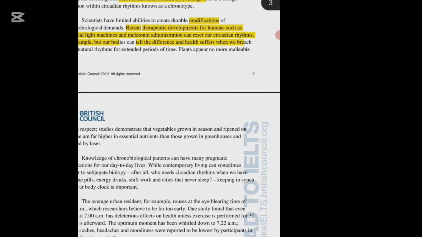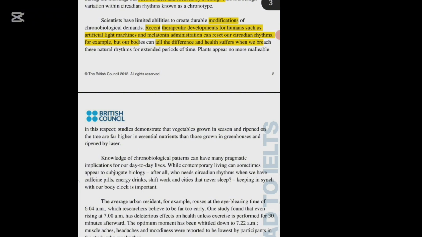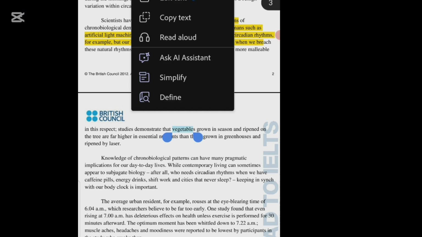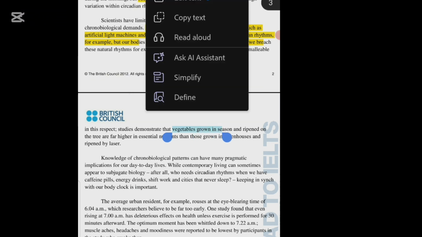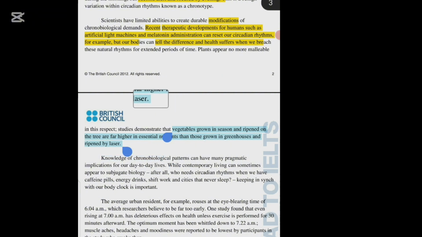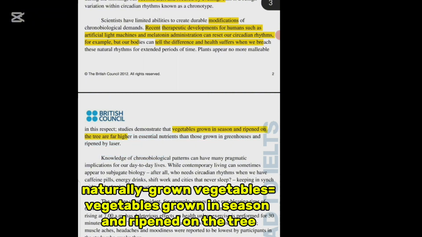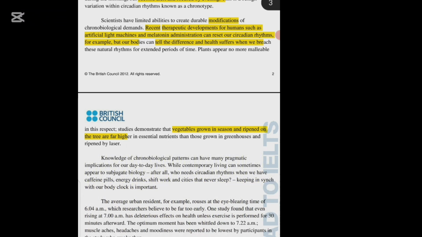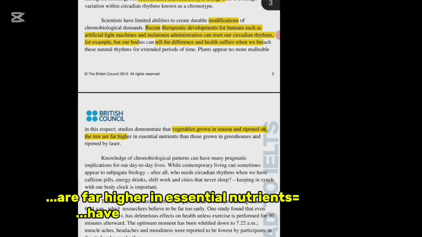So towards the end, we have the idea of plants. Plants appear no more malleable in this respect. Studies demonstrate that vegetables grown... I've seen vegetables, but I want to be sure, is it naturally produced vegetables? Vegetables grown in season and ripened on the tree. Obviously, this is naturally grown. Grown in season and ripened on the tree are far higher in essential nutrients than those grown in greenhouse or ripened by laser.